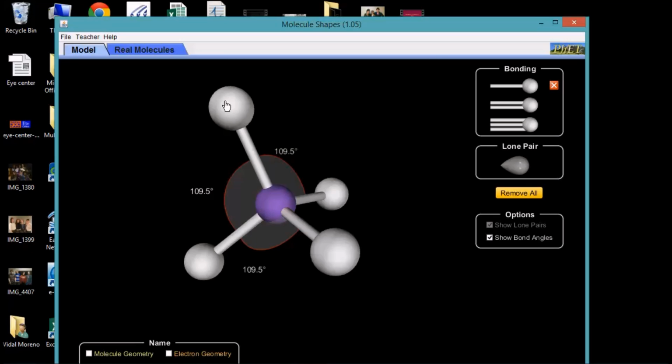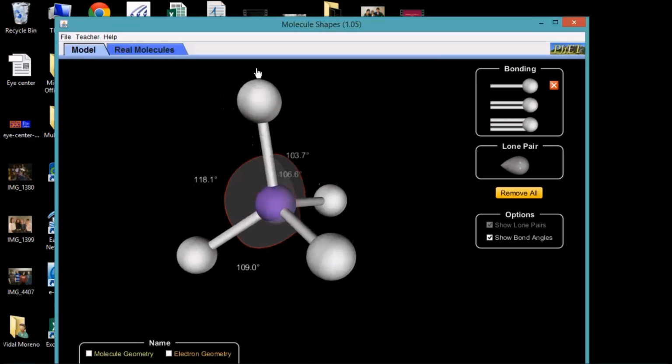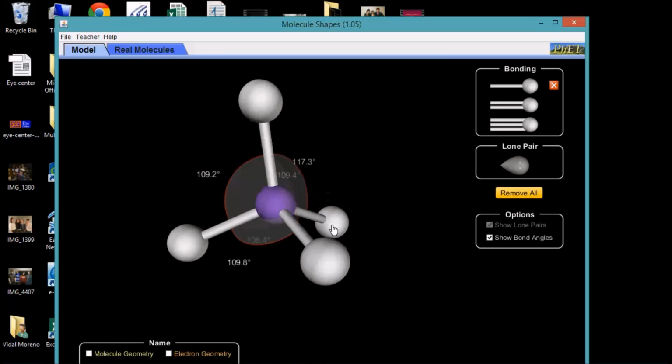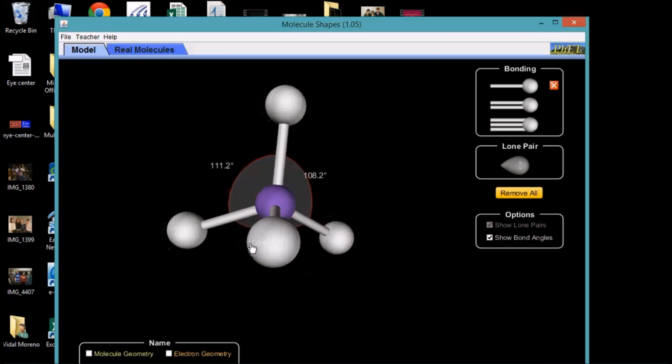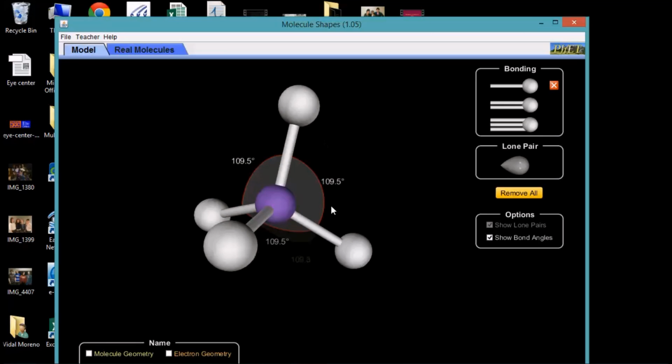In 3 dimensions, you have an angle of 109.5 degrees.